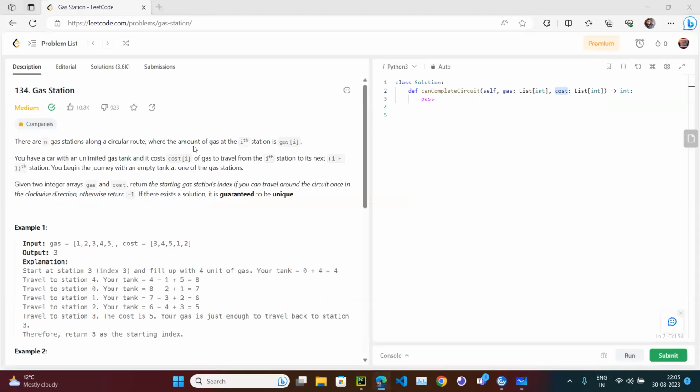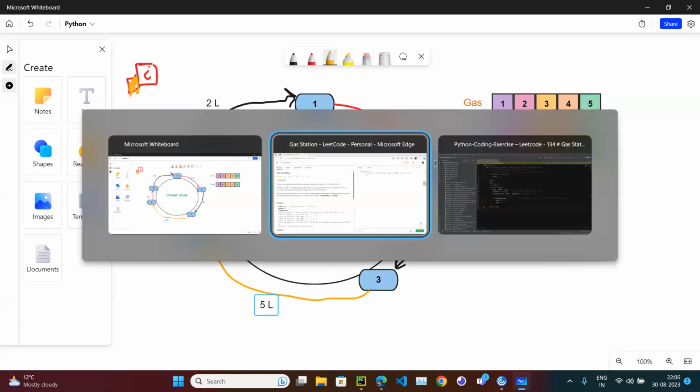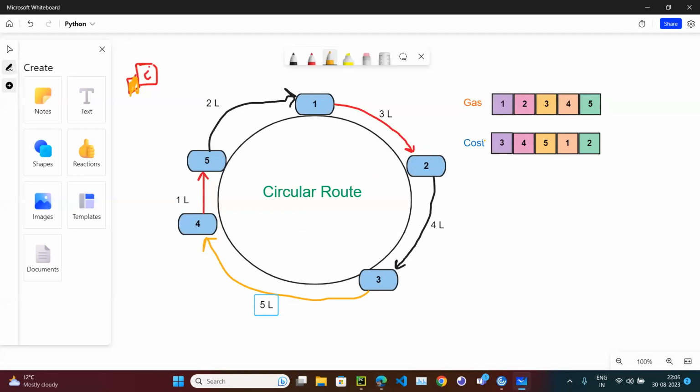If you have the car and have to travel from the first gas station to the second, then definitely the fuel is going to be spent. But how much fuel? It is mentioned in another, different array, the cost array. This is not rupees; you can consider it as liters.